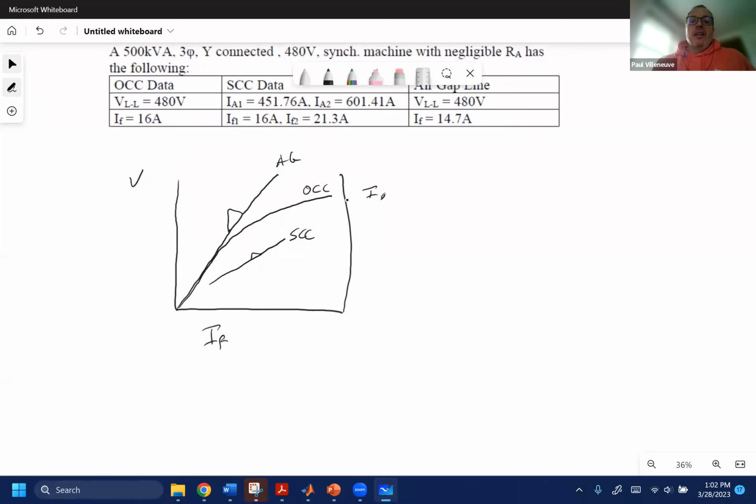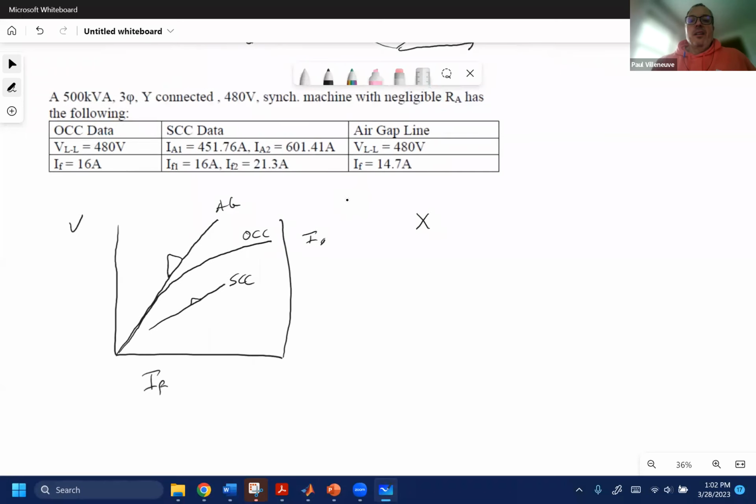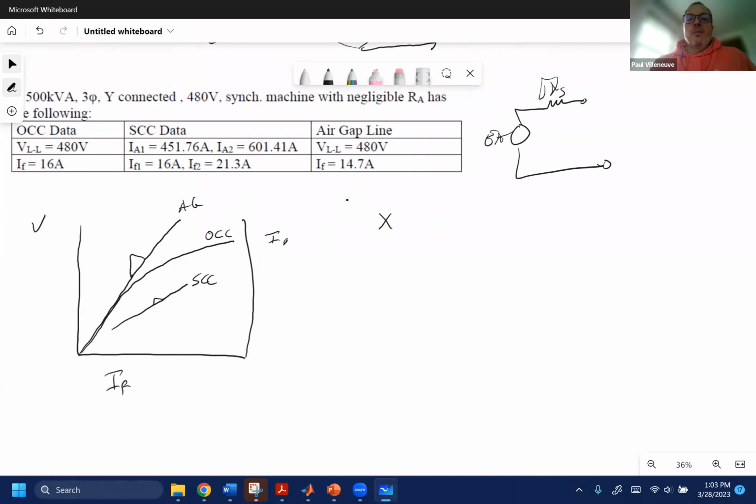Remember, in all cases, if we neglect the value of R, here's EA, and we're going to put a jXS here. XS is going to be equal to EA divided by IA.